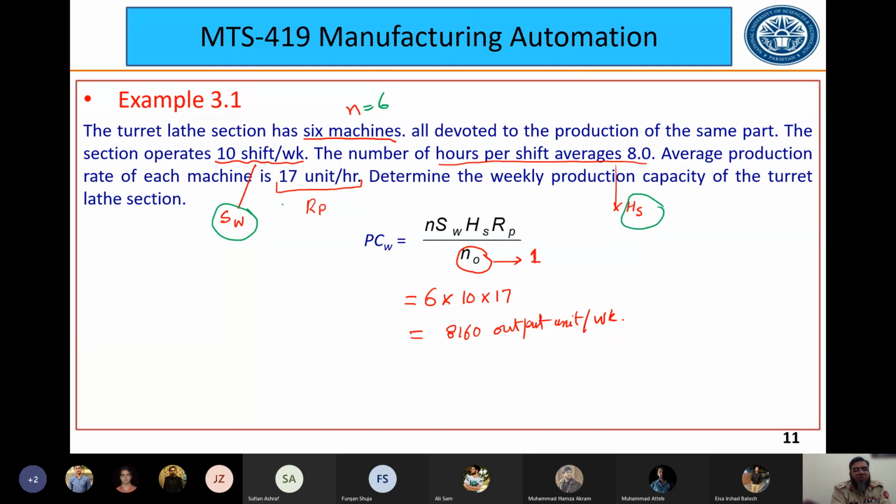Average production rate of each machine is 17, so RP of each machine is 17 units per hour. Here NO is not given, so we will take NO as 1. Just putting in the values, we are going to have 8160 output units per week. If I increase the part complexity, make NO more than 1, then this plant capacity will come down.